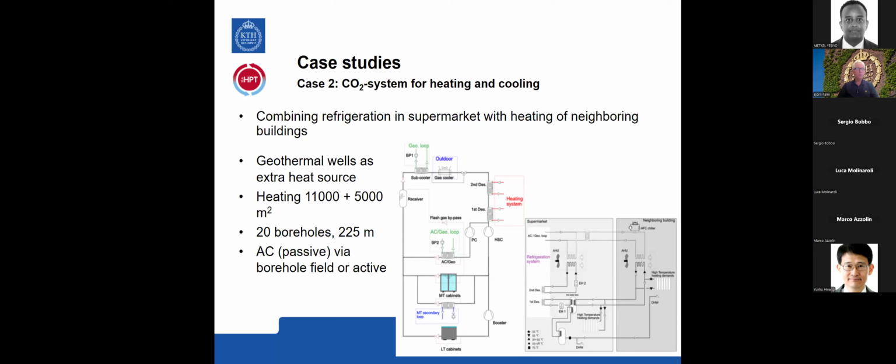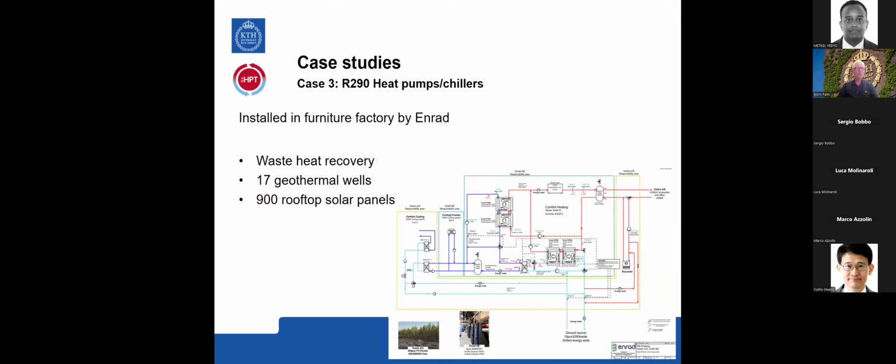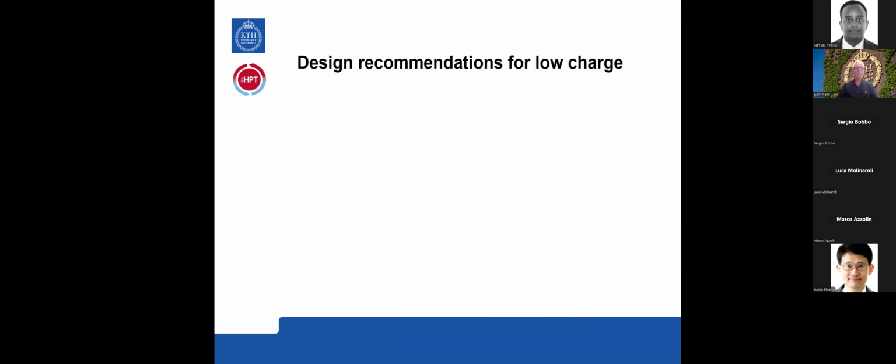And it's using 20 boreholes, each 220 meters deep. And also you get passive air conditioning through the borehole field. So combining supermarket refrigeration with sort of a geothermal heat pump, that's the novelty of this system. I think I would skip the last one.